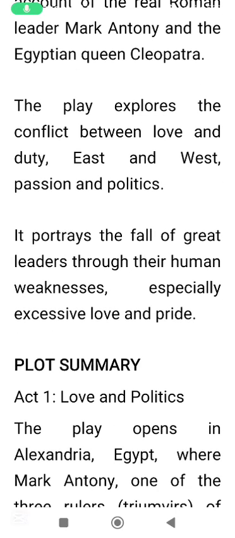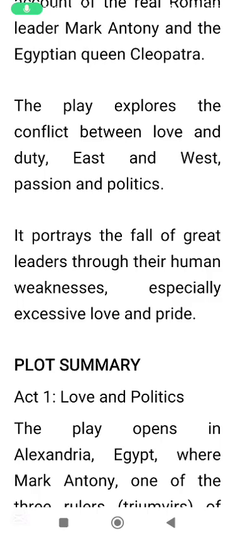Then it portrays the fall of great leaders through their human weaknesses. So this story portrays more of how great leaders in society fall due to their weaknesses. In literature, please, I would like you to always note certain things. I believe you all have your writing materials there because I'll be saying certain things that are very germane to your study of literature.